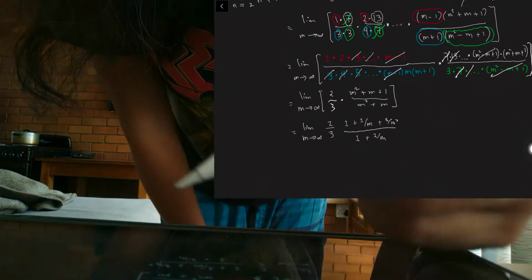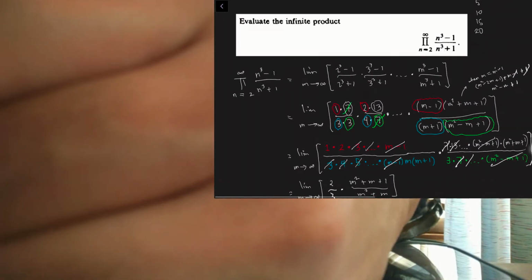So when you take the limit as m approaches infinity, these terms approach 0, okay? And so the final answer we have after evaluating everything is just 2 over 3, okay? So we are now at 20, 21, 22, 23, 24, 25. And so we're done with the push-up session, and also we're done with the problem.